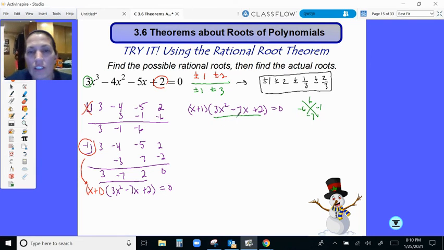Okay, and so we're going to take this and go 3x squared minus 6x minus 1x plus 2. And we're going to factor those. Okay, we got to recall how to factor these. That's why I told you you cannot forget how to factor. I'm going to change this to a plus and negative so I don't lose that negative in here.